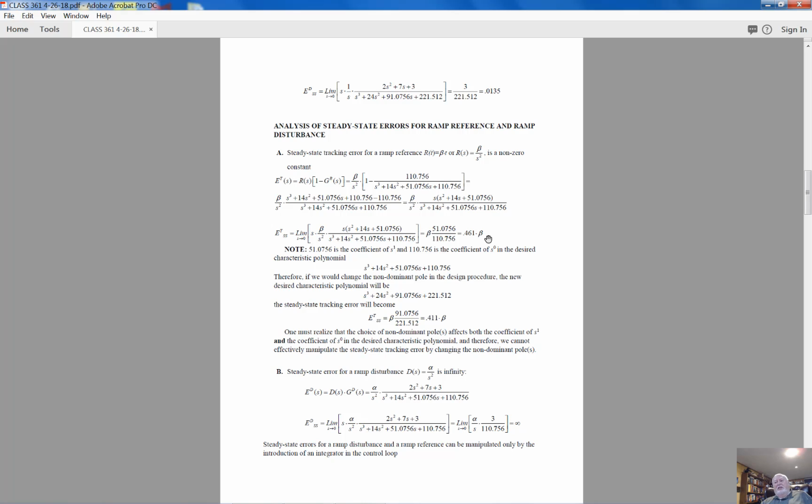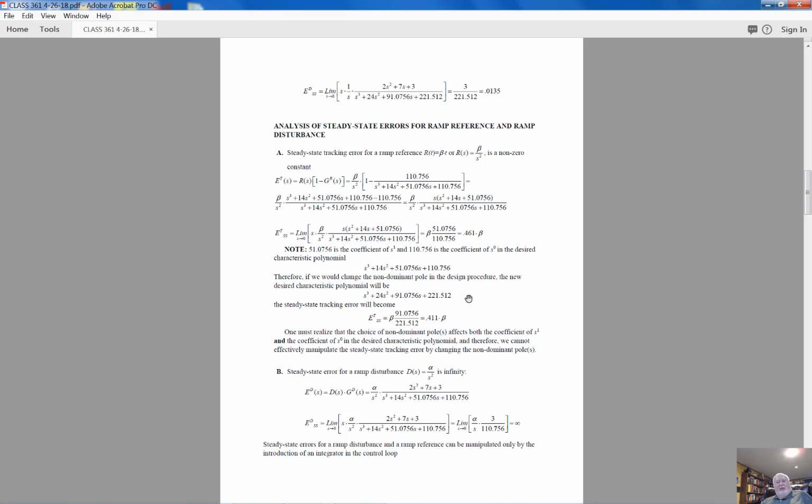By the change of non-dominant poles, we're changing both this coefficient and this coefficient, and how the new ratio between the two coefficients will look like, it's very difficult to say.